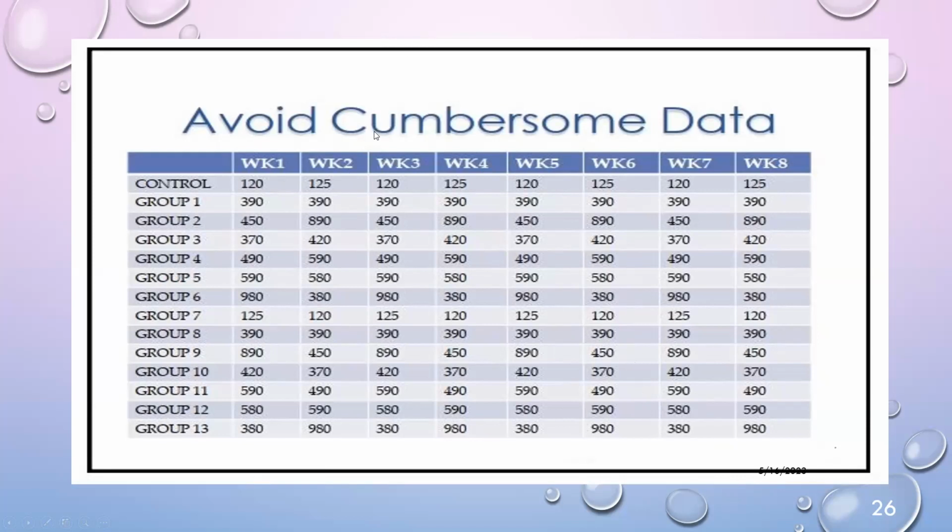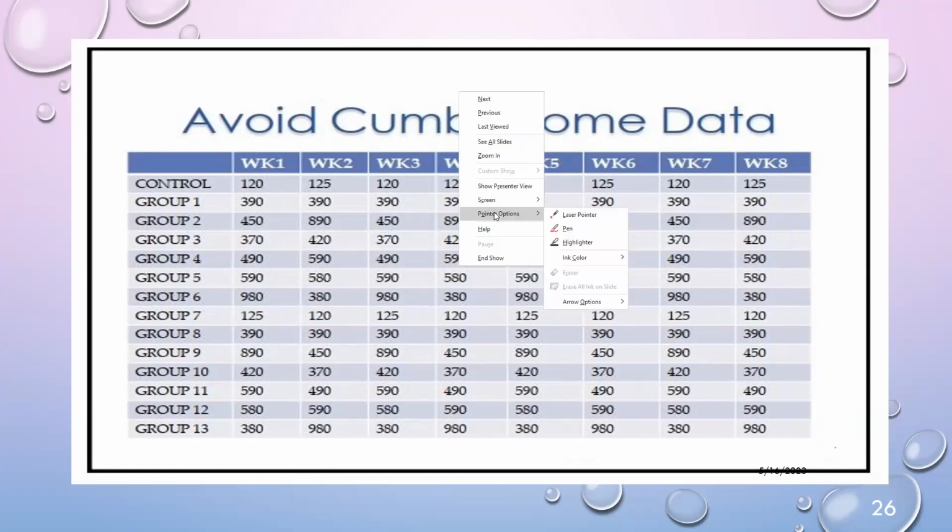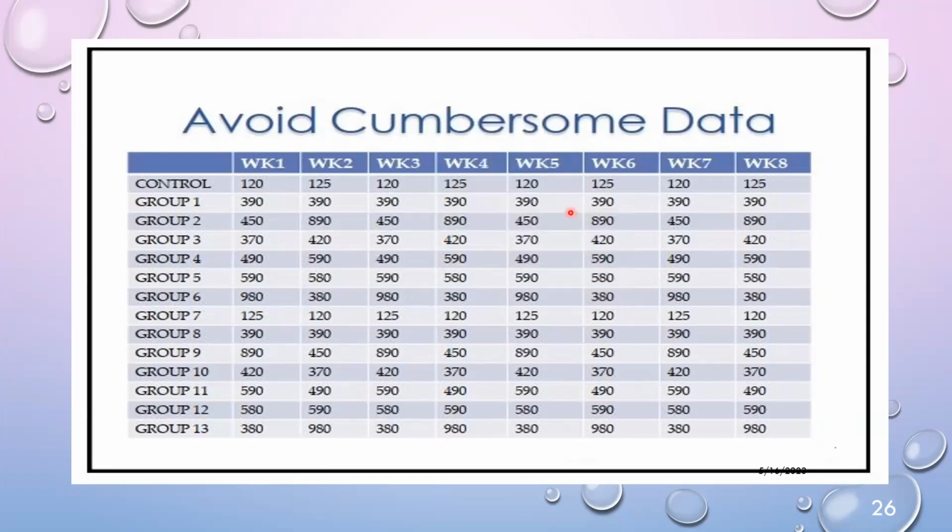When your slide is already in slideshow mode, that is when you right-click on the screen. You can see my cursor moving on the screen. If you right-click, a menu will come out. On that menu, you will see the pointer option. Then you can pick a laser pointer. I hope you can see my laser pointer.